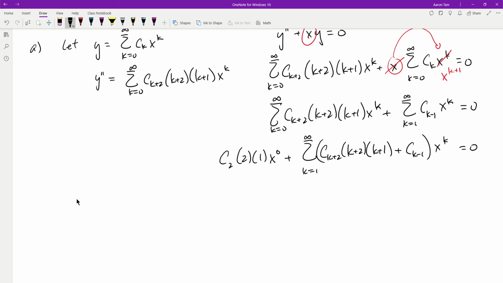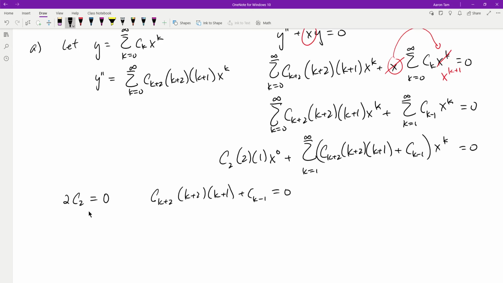The first one is 2 c sub 2 equal to 0. And the second is c sub k plus 2 times k plus 2, k plus 1, plus c sub k minus 1 equal to 0.